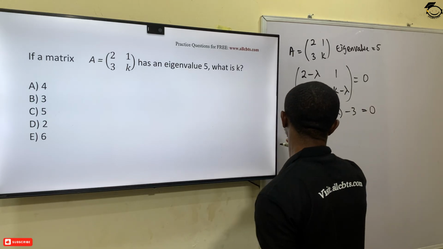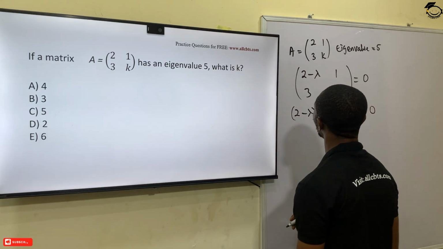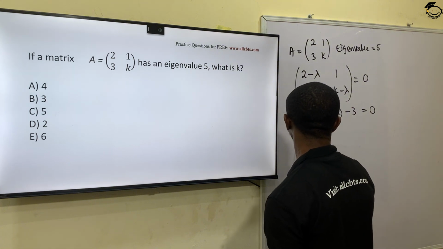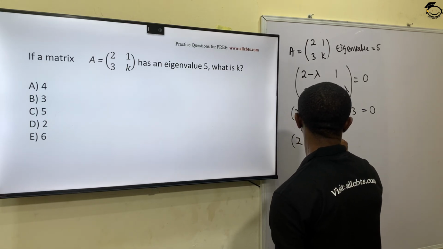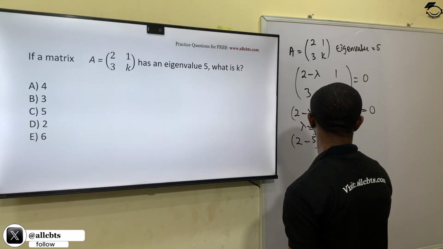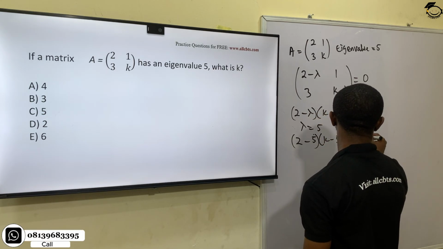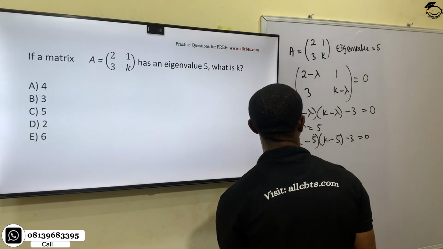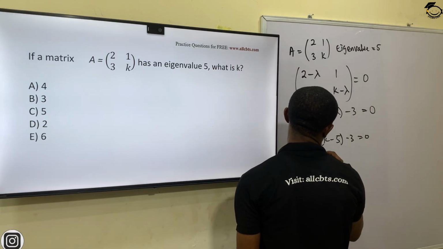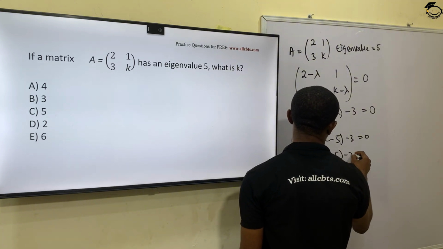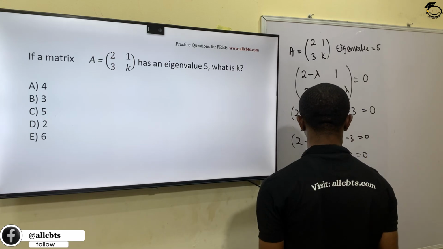Okay, so from here, we have it as our eigenvalue equals 5. So substituting, we have it as (2 minus our eigenvalue, which is 5) times (k minus our eigenvalue, which is 5) minus 3 equals 0. So from here, we have it as minus 3 bracket k minus 5, minus 3 equals 0.